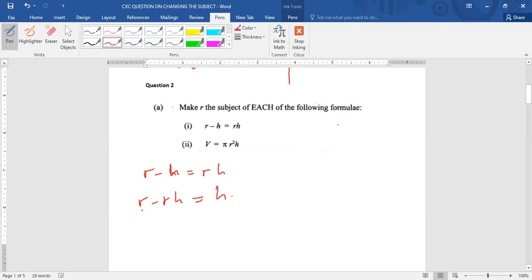At this stage, what will I do next? After this line, what will I do? No, what do you want to make the subject? R. If you have two R here and R here, what are you supposed to do? Remember from yesterday? Group them?